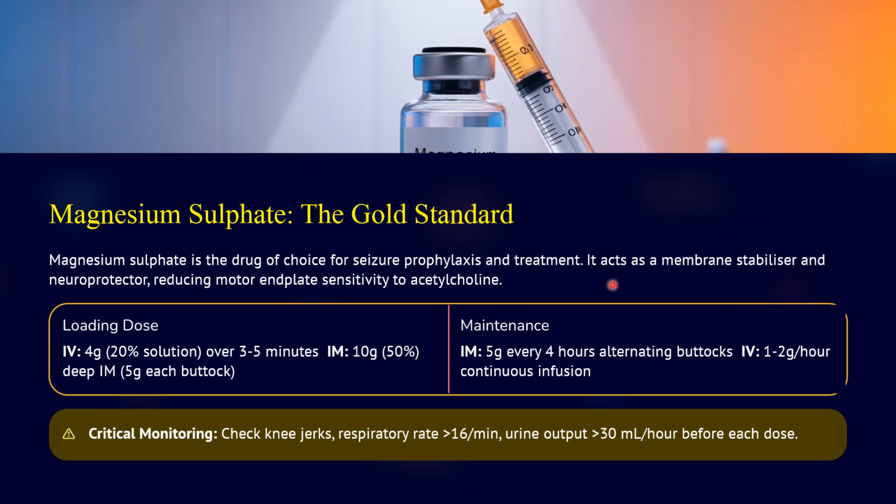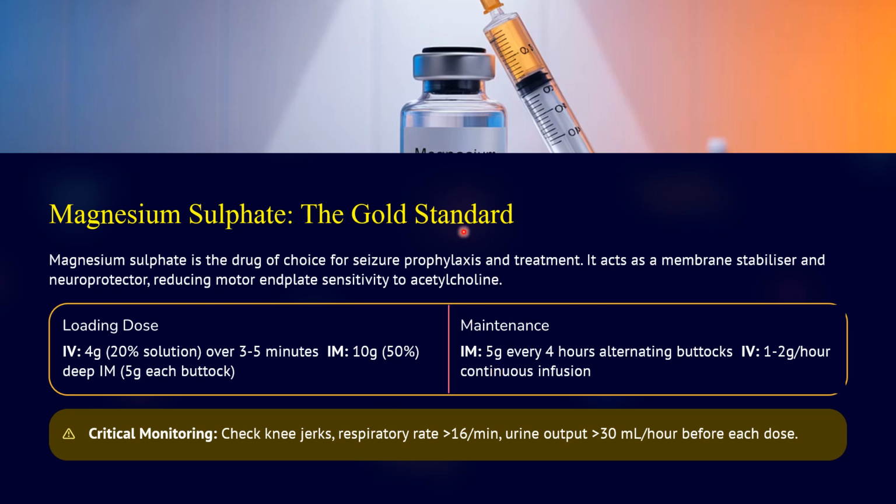If you have started in the morning at, suppose, 9 a.m., that will continue till 9 a.m. the next day. So every 4 hourly you will be giving 5 gram in alternate buttocks as the maintenance dose.